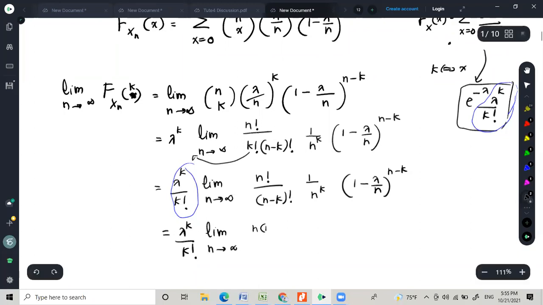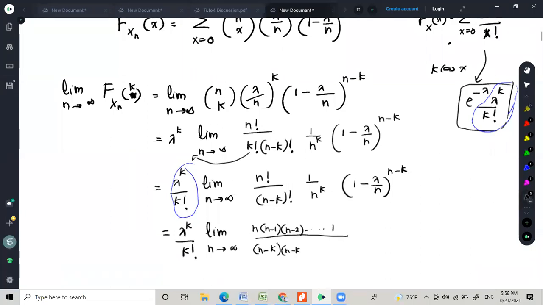That will be n times n minus 1 times n minus 2, all the way down to 1. So that is the factorial. And if you expand n minus k, what will you have? n minus k, n minus k minus 1, you subtract 1 by 1, right?